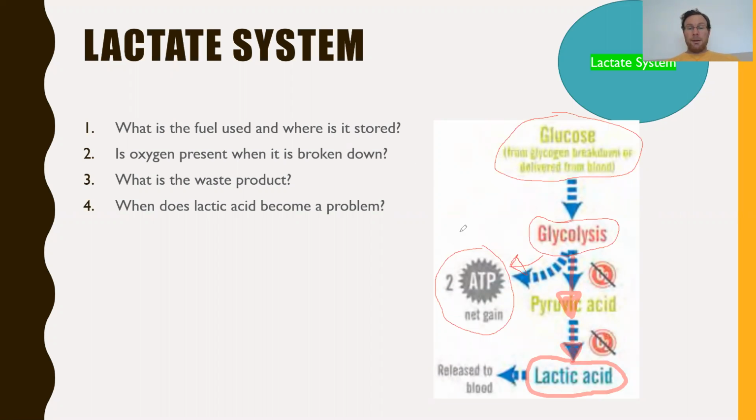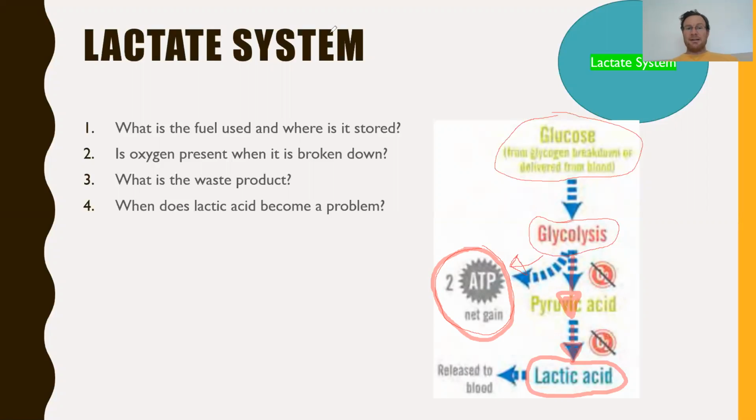Now, that 2 ATP gain, if I were able to use glucose aerobically through my aerobic system, which I'll show you later, I'd get around 38 molecules of ATP. So much more efficient.